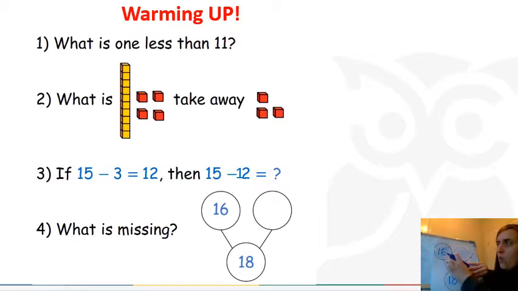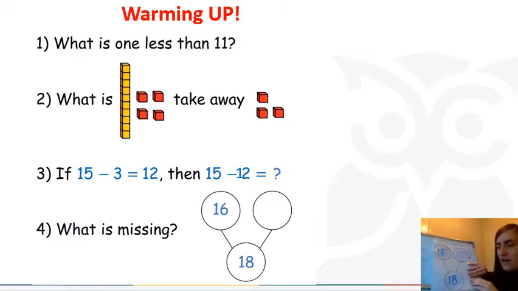We know that one part is 16, so we could put 16 into our heads and count up until we get to 18. So I put 16 into my head. 16's in my head.